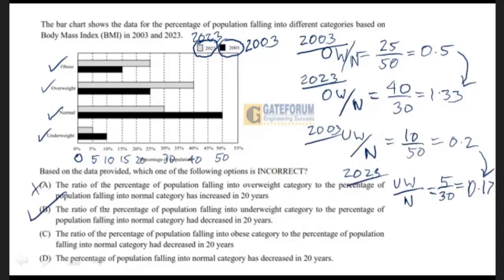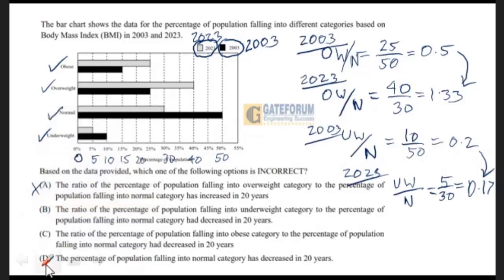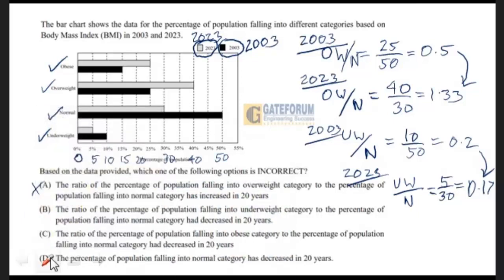Oh no, we have to find the incorrect one. My apologies, I just forgot we had to mention the incorrect one. So this is correct, so this is not our desired option. We have to find which one is incorrect.